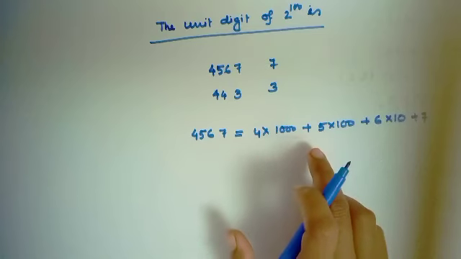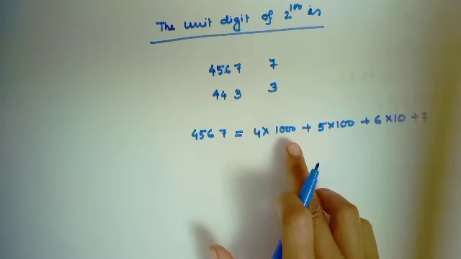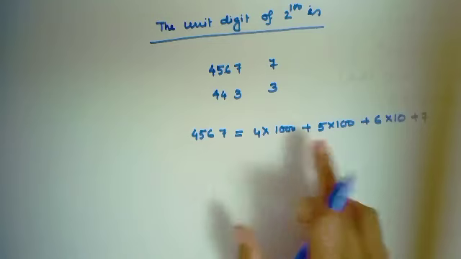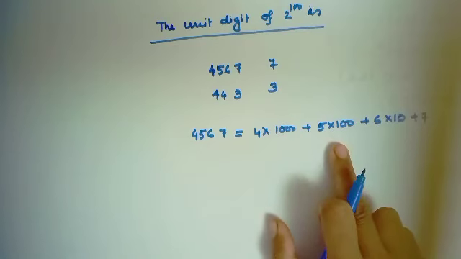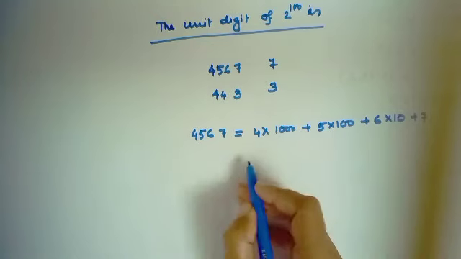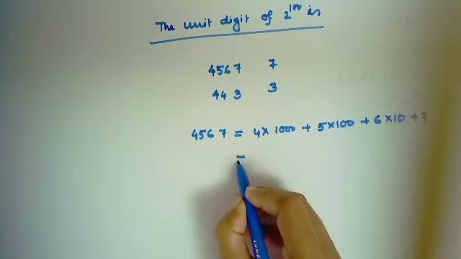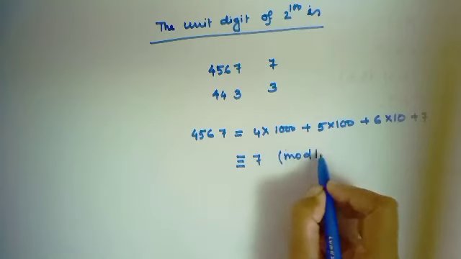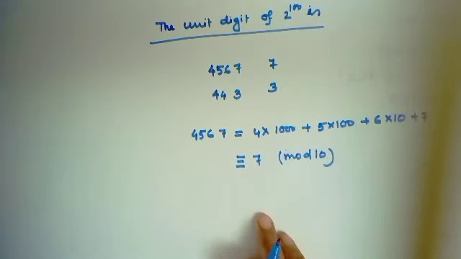Since 10 divides 1000, this will be 0. Since 10 divides 100, this will also be 0. Since 10 divides 10, this will also be 0. So the remainder will be 7, congruent to 7 modulo 10.